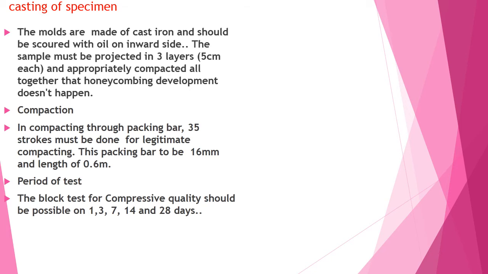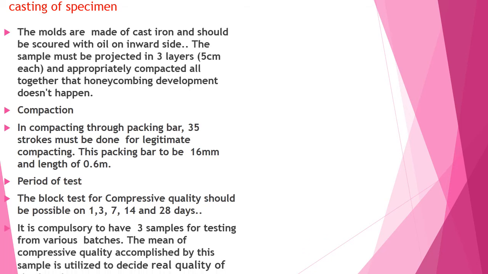This tamping bar is to be 16 mm in diameter and 0.6 meter in length. Period of test: the cube test for compressive strength can be done on 1, 3, 7, 14 and 28 days. It is compulsory to have 3 samples for testing from various batches.